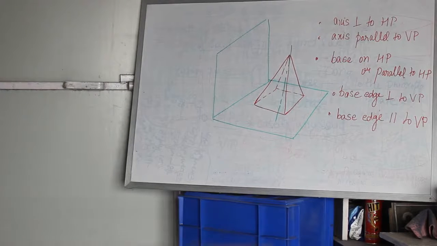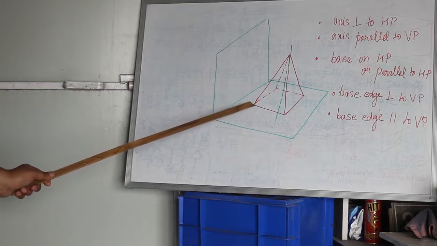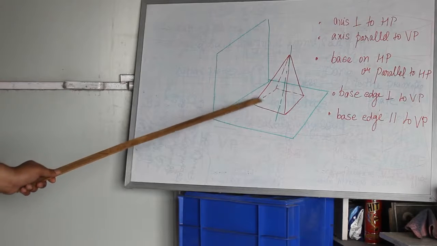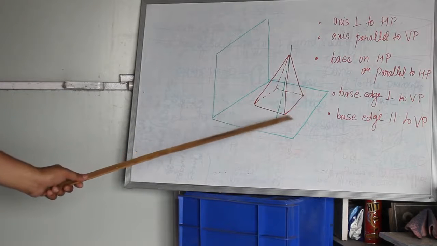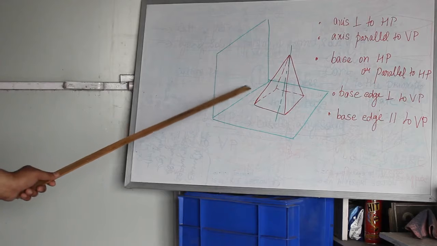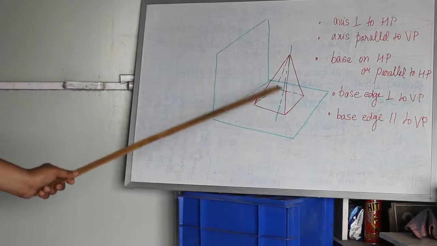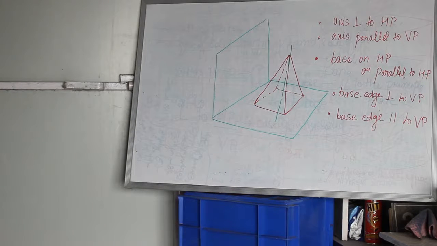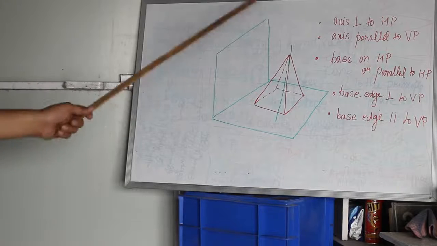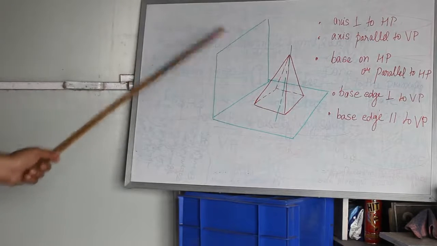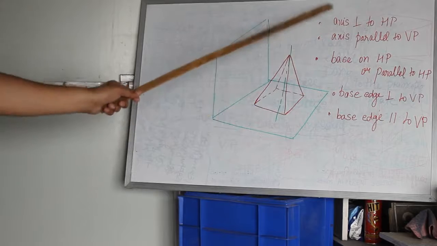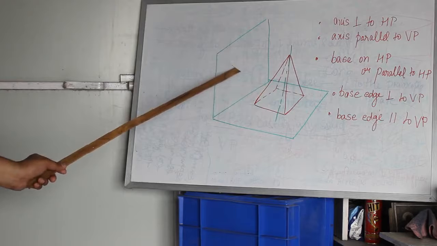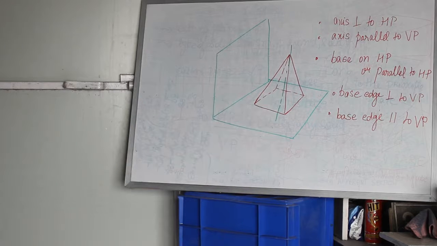To explain it to you, I can name the corners A, B, C, D. So I can say that edge AB and edge CD are parallel to VP. Edges AD and BC are perpendicular to the vertical plane. I hope you have understood the assumptions that I've taken. These assumptions are actually the orientation of the solid with respect to the vertical plane and the horizontal plane.